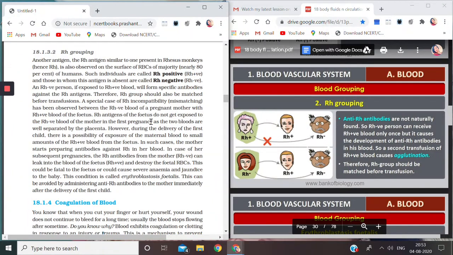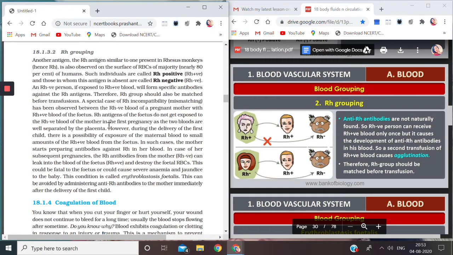No issues in the first pregnancy, because though the mother is Rh negative, she is carrying a fetus which is Rh positive, but still the mother's blood and the fetal blood are not in contact or exposed to each other. So there is no harm in the first pregnancy as the two bloods are separated through the placenta.